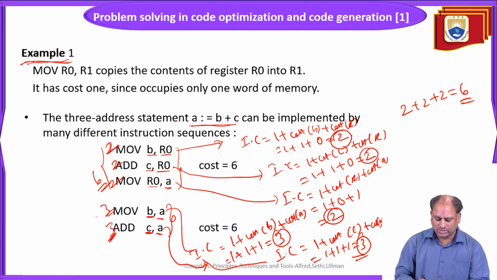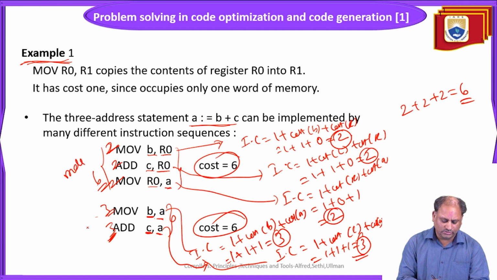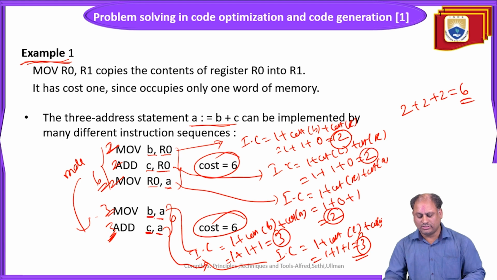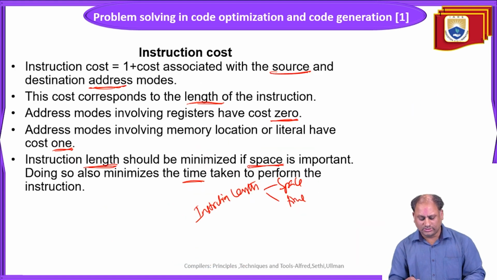Now the cost is 6 for both, but the time utilized for this one will be more compared to the next instruction sequence. The two parameters that are affecting are space and time.